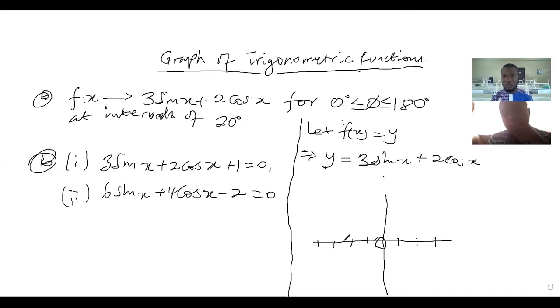So from 0, we go where? 20, 40. And the scale also says intervals of 20. So we are going to have 20, 40, 60, 80, 100, and so on.